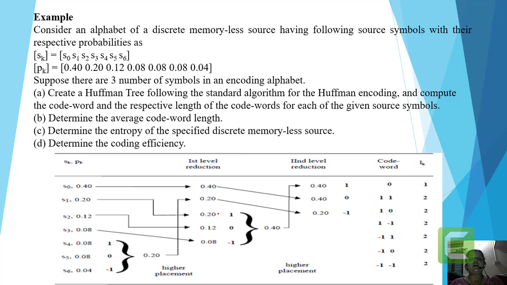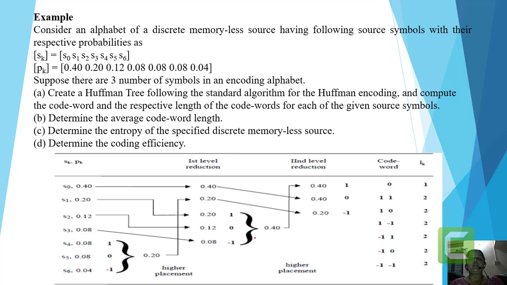As m is 3, again taking the last 3 probabilities. The assignment here we have done as 1 0 -1, and in the same order we have to place it for the next coming levels of reduction also. So we are writing the digits as 1 0 -1. Again combine this probability.